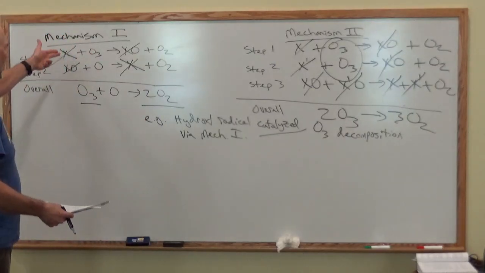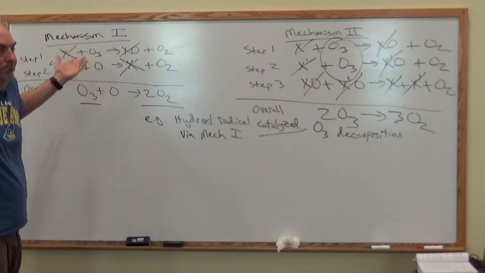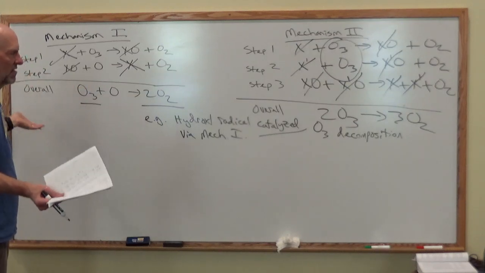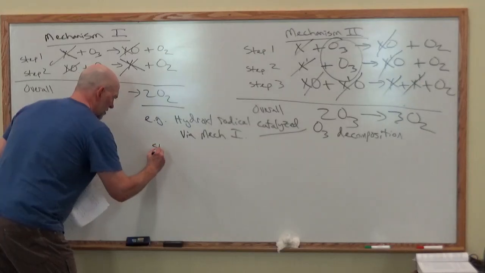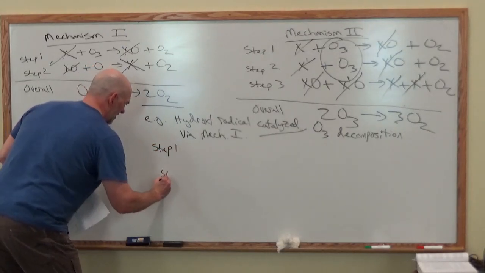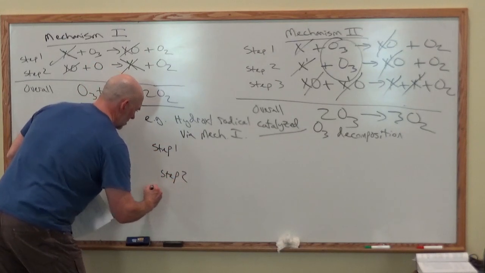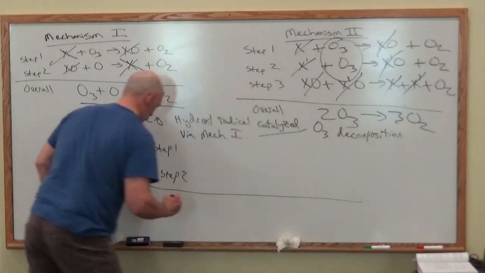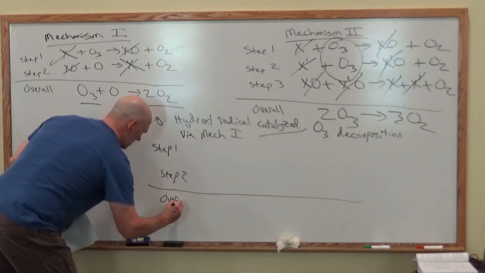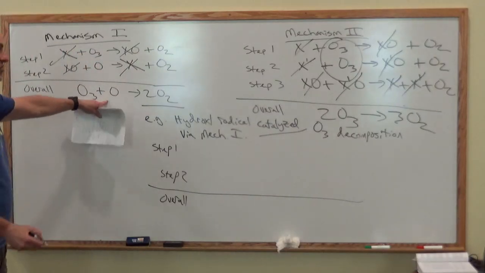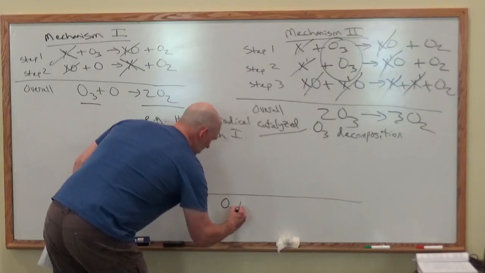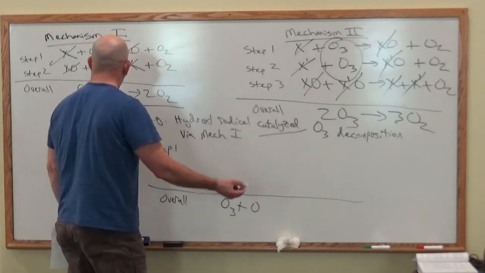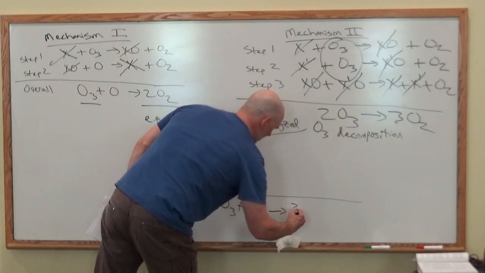All we're doing is putting in OH where there's an X. I mean, maybe this is insulting your intelligence, I don't know. So let's just do this quick. So step 1, step 2. And if you do it right, the answer is always the same, isn't it? So the answer is that would be O3 plus the atomic oxygen running around, making 2O2.